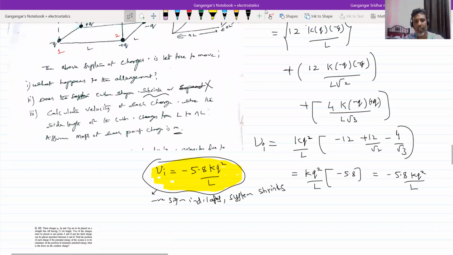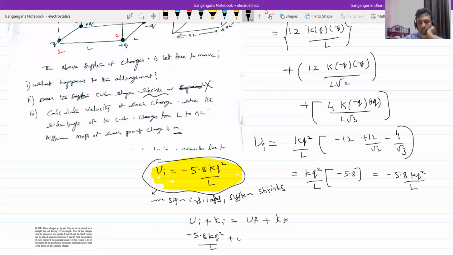I'll go for kinetic energy next. So shall we go for the same thing? Ui plus Ki equals Uf plus Kf. The initial interaction potential, that we know, is minus 5.8 kq square by L. Released from rest, so Ki is 0. Uf will be minus 5.8 kq square by, shall we write NL only?